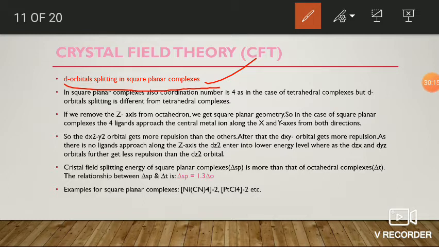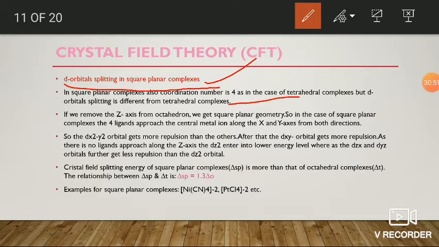So in the case of square planar geometry also, the coordination number is 4. In tetrahedral, the four ligands approach in between the axes, but in square planar complexes, the four ligands approach the central metal ion along the x and y axes, but not the z axis, because there is no z axis in square planar geometry.